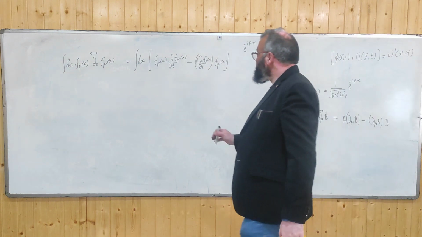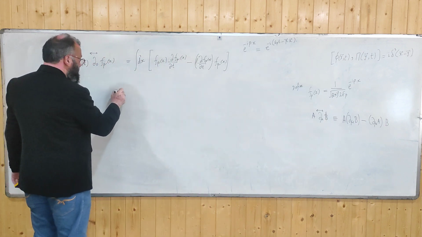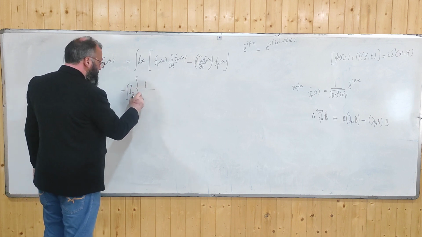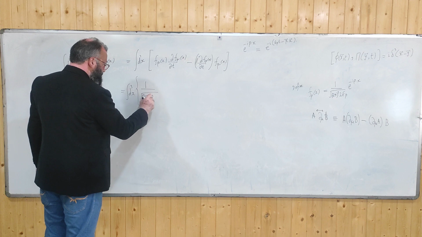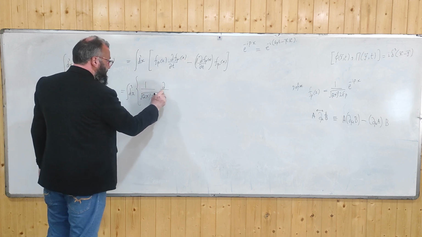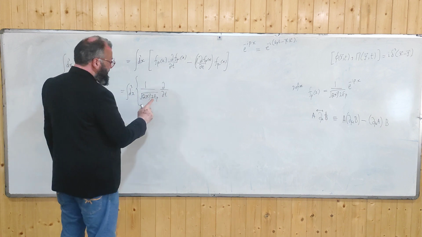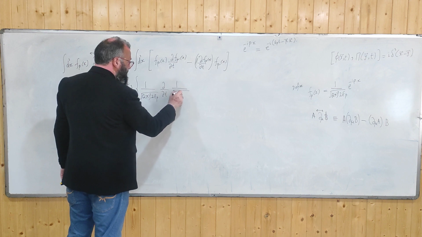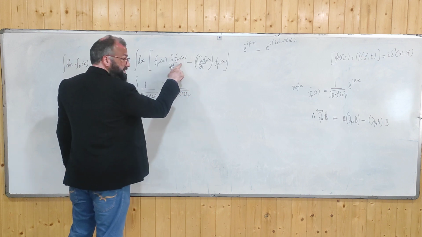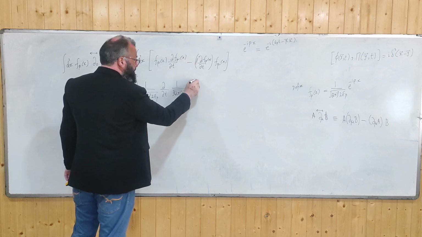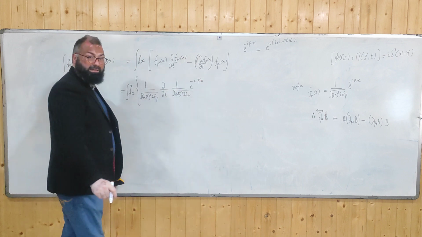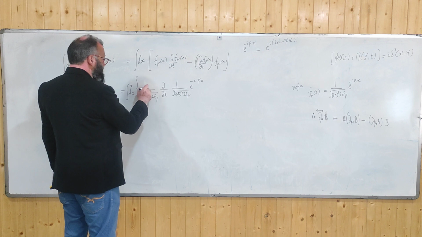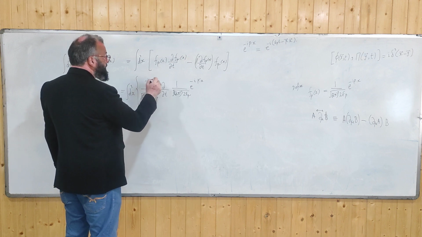So what is your f_p? Just take a look. 1 divided by the square root of (2π)^3 times 2E_p, is it? Then you are having ∂/∂t of that. Let me write it for you. 1 divided by the square root of (2π)^3 times 2E_p', now because you are having a prime, e raised to the power minus i p'·x. Sorry, I should take a star.